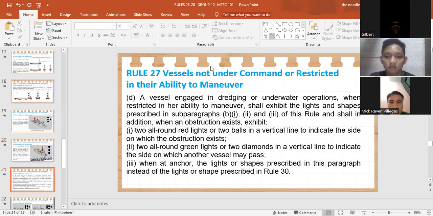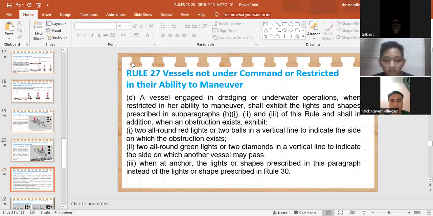Next slide, Jerome. Vessel not under command or restricted in their ability to maneuver. Paragraph D. A vessel engaged in dredging or underwater operations, when restricted in her ability to maneuver, shall exhibit the lights and shapes prescribed in subparagraphs B, 1, 2, and 3 of this rule and shall in addition, when an obstruction exists, exhibit: 1.